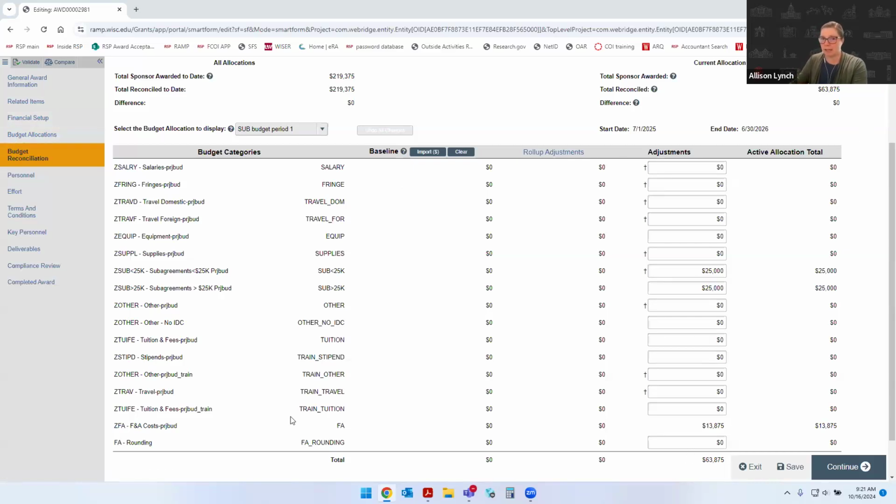I'm going to go out on a limb and say if you've correctly built your budget the way that I'm describing, theoretically, I think you can import a budget. So if you've built the budget that way in the funding proposal, I'm going to go out on a limb and say I think RAMP was designed so that it can import this way correctly.